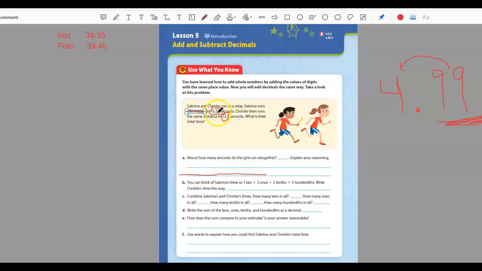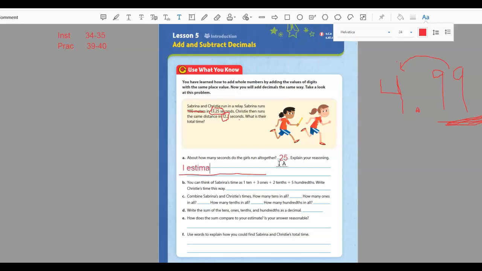Well, if this top number is 13 seconds right up here, and this is 12, I know that they run basically 25 seconds. So that's kind of that estimation that we use. So go ahead and fill that in with 25 seconds. Then it says explain your reasoning. Use the word estimate since we just learned that.